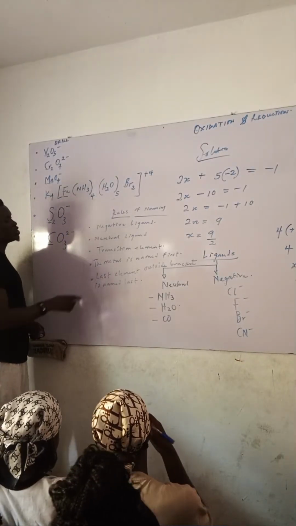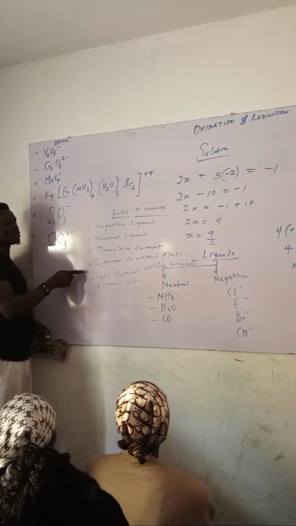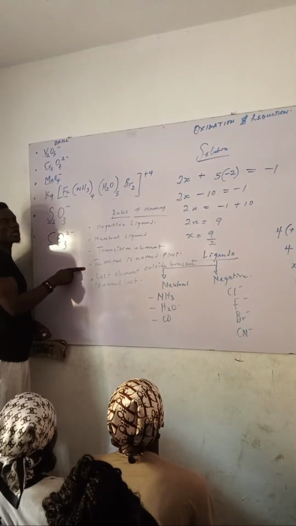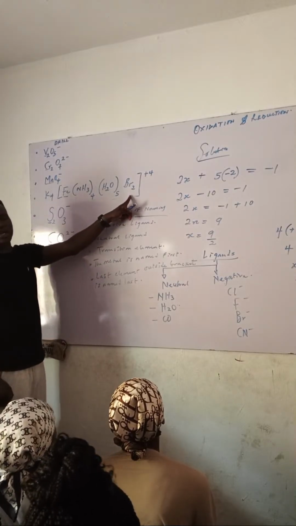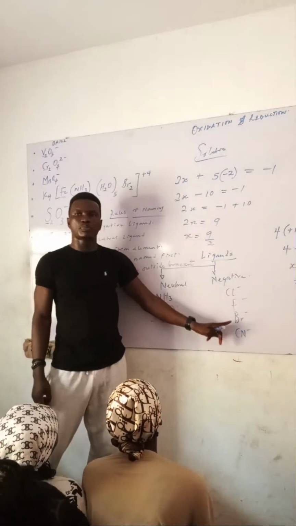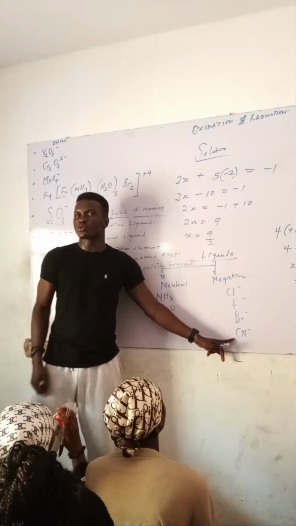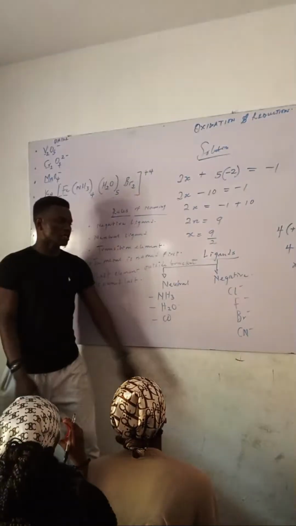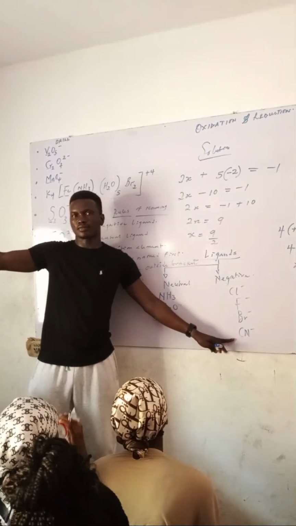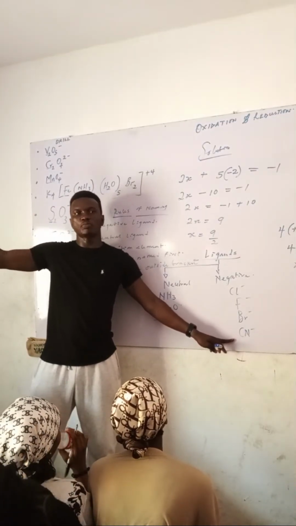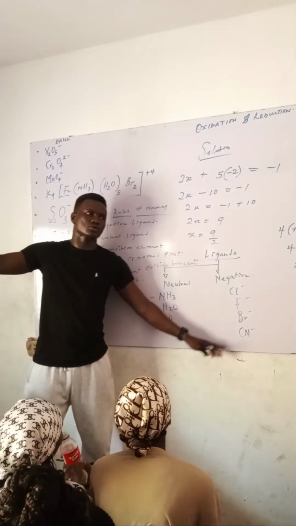Since this metal is present, you start with the metal. So it will be potassium dibromo. Anytime you have chloro, fluoro, bromo, if it is iodine, it will be iodo. And this one is cyanide, so we call it cyano: hexacyano, pentacyano, and so on.